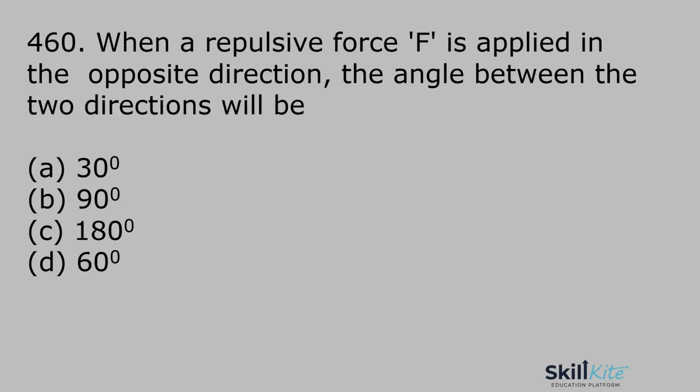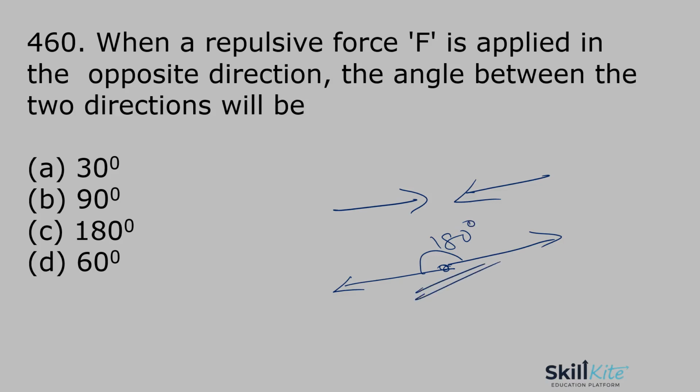When a repulsive force F is applied in the opposite direction, what will the angle between the two directions be? Repulsive force means one force is applied this way and the other force is applied the other way. The angle between these two is 180 degrees. So option C is the right answer here.